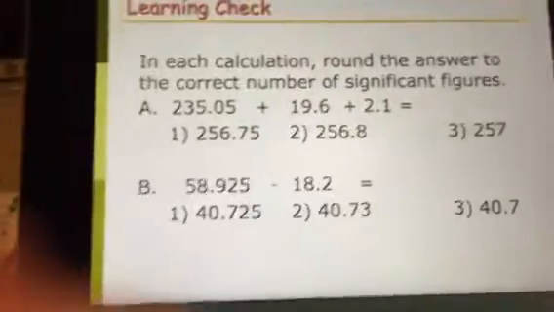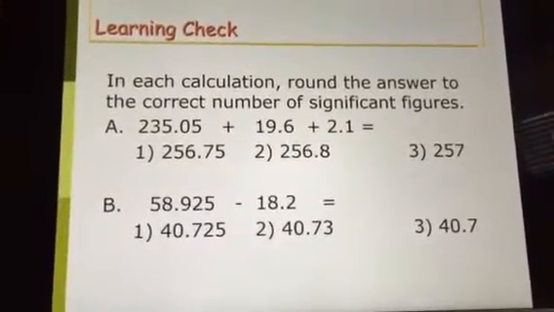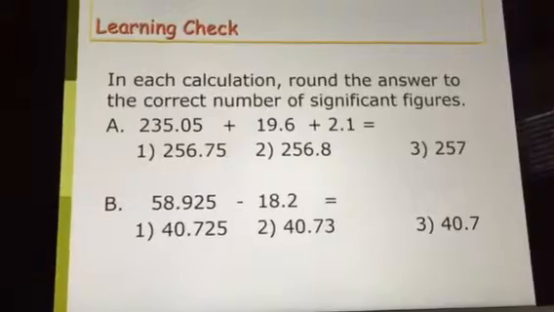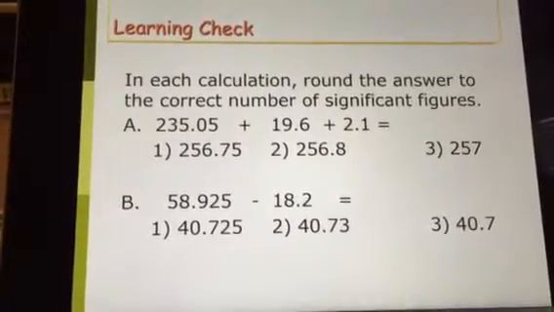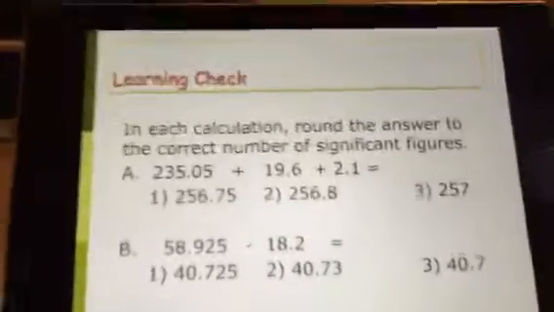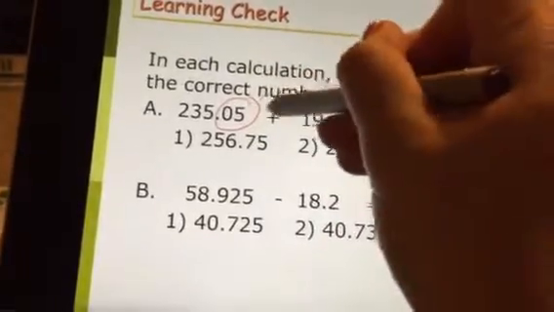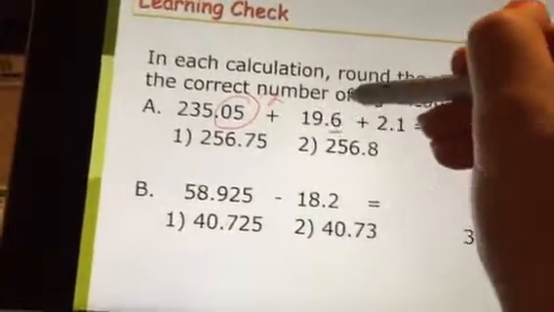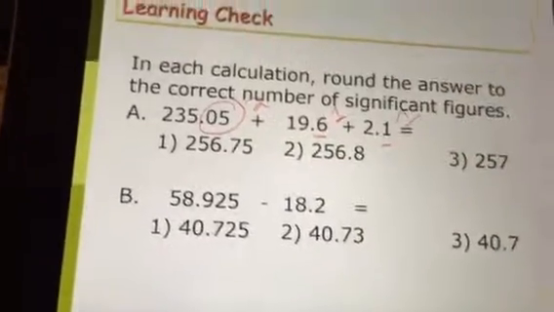Alright, so I'm going to give you a minute to try and figure out what the correct significant figures should be for these answers. Alright, so in the case of 234.05 plus 19.6 plus 2.1, 234.05 has 2 figures after the decimal place, 19.6 has 1 after the decimal place, and 2.1 has 1 after the decimal place.